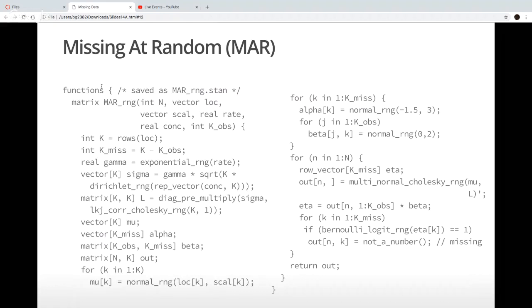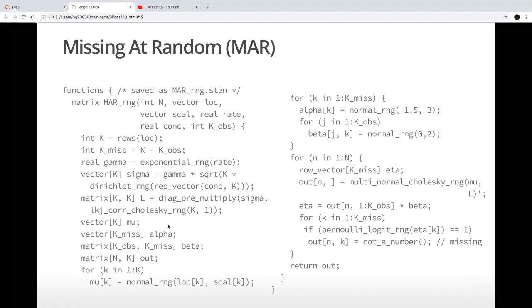And so here at the top of this, for generating the data, it's pretty much what we had before, other than I've introduced k-miss and k-obs. So let's say I have k total variables, of which k-obs are fully observed, and the rest have some degree of missingness.